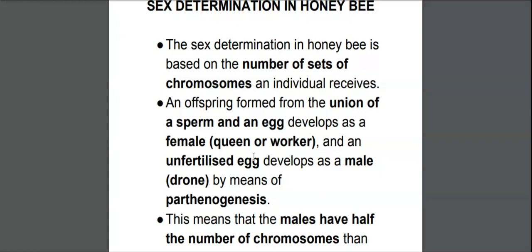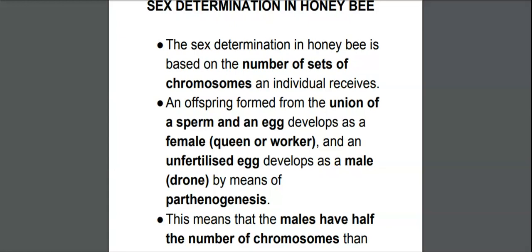To be clear, remember that fertilization of an egg will give you a female, that could either be the queen or the worker bee, and an unfertilized egg, which does not fuse with a sperm, will go on to produce a male by the process of parthenogenesis.